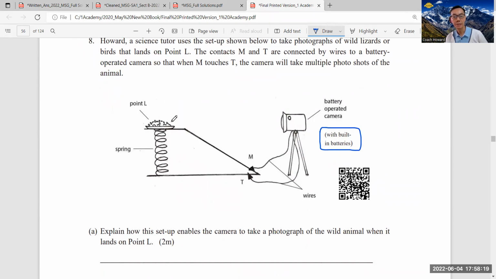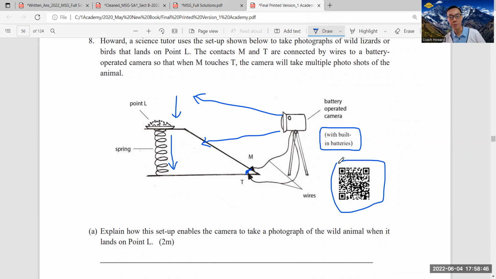So when the animal lands here, the spring will be compressed, and these will move nearer to each other, forming a closed circuit. So this will fire the shot to take multiple shots of the animal. Again, explain how this setup enables the camera to take a photograph of a wild animal when it lands on point L. Those of you who have my book, if you scan the QR code, you'll be able to see me explaining this question.